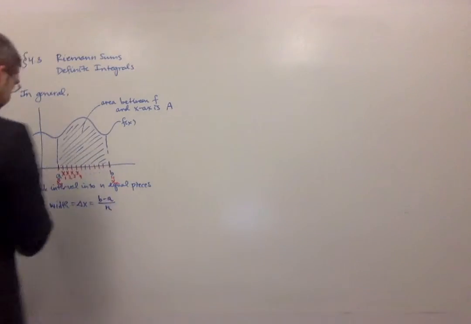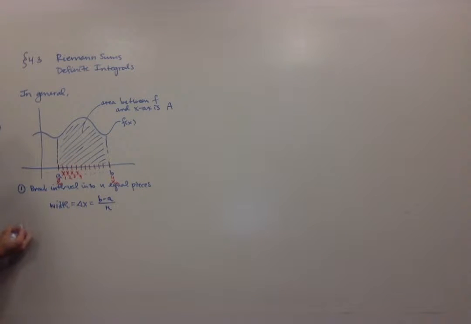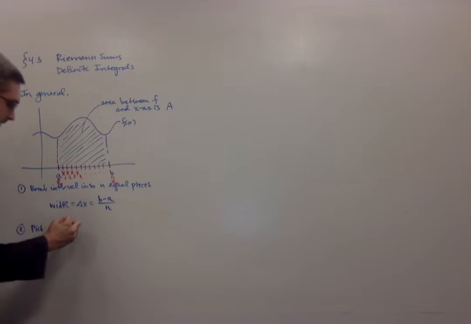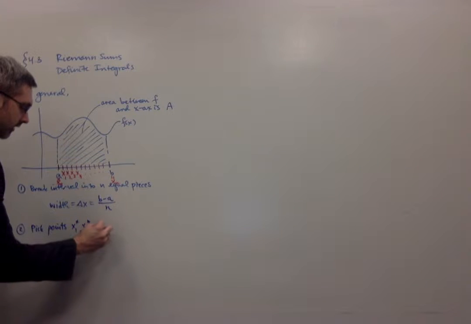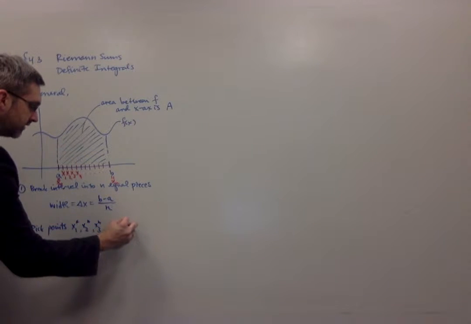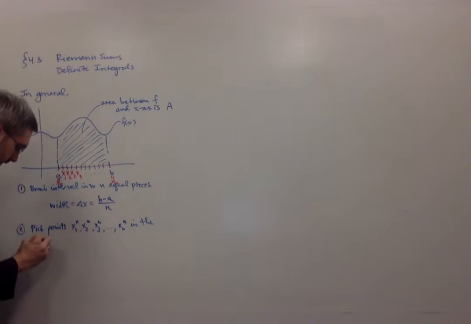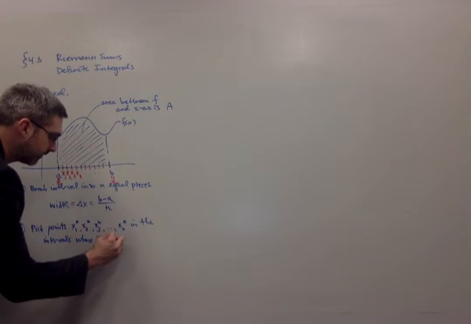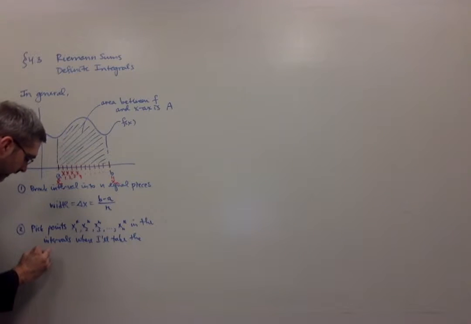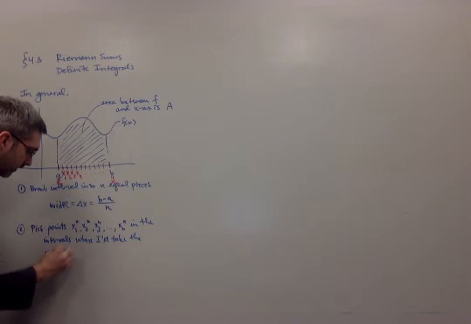Second step is I want to pick points x1 star, x2 star, x3 star, up to xn star in the intervals where I'll take the rectangle heights, okay?